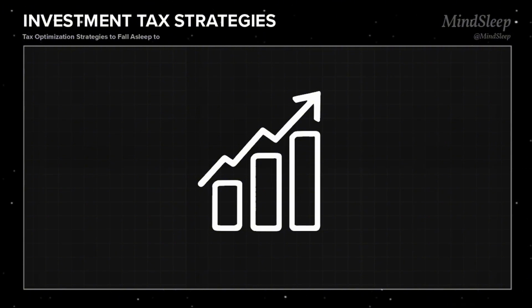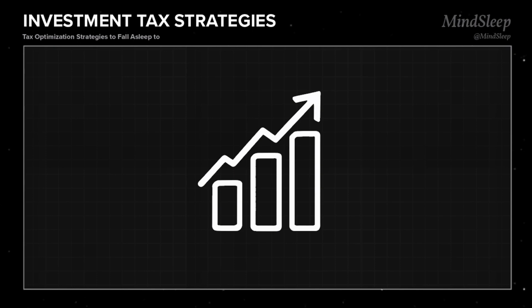To begin, let's consider the fundamental concept of capital gains optimization. When you sell an investment for more than you paid for it, you realize a capital gain. The tax treatment of these gains can vary significantly depending on how long you've held the asset.